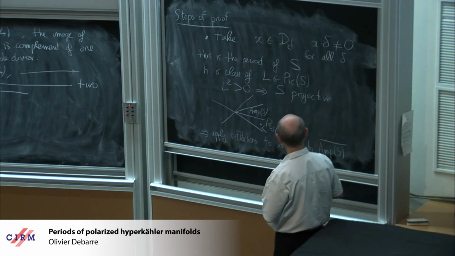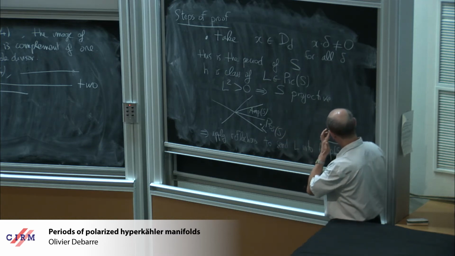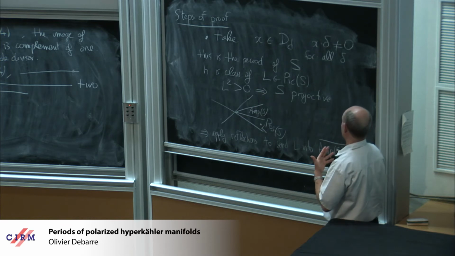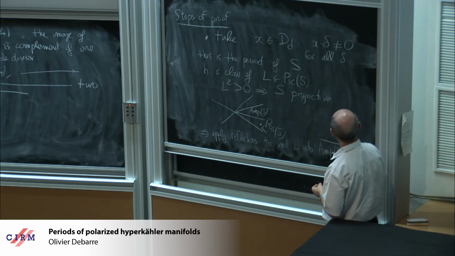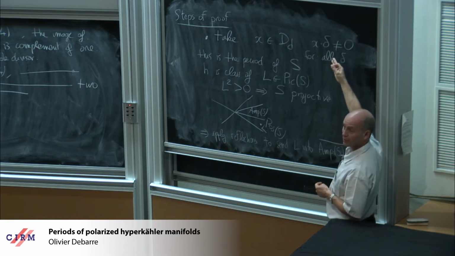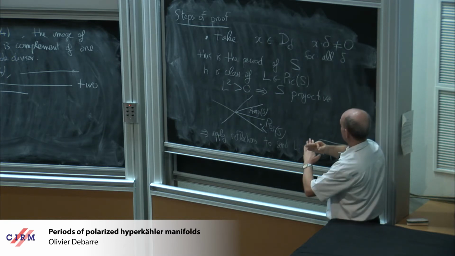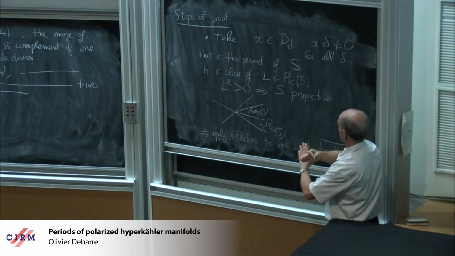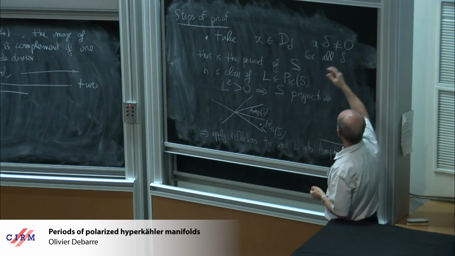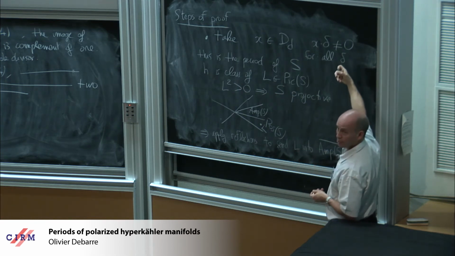So now you have a nef line bundle on the K3 surface, and the fact that it is ample is exactly equivalent to saying that you have this, because the walls of the nef cone are exactly the orthogonals of all the roots.